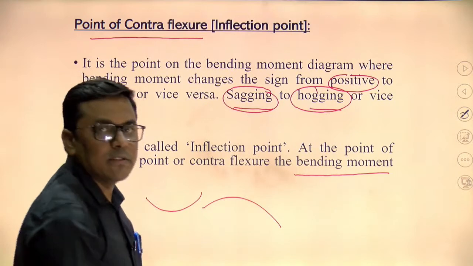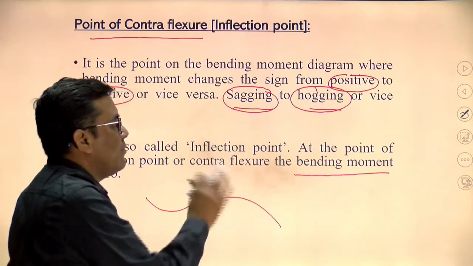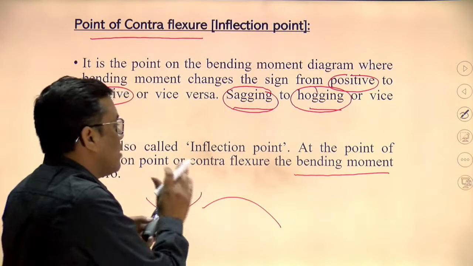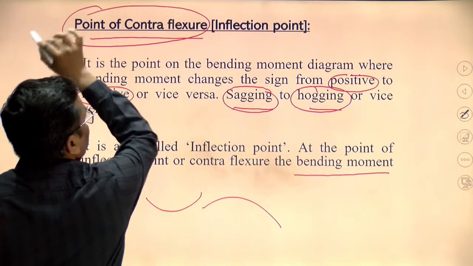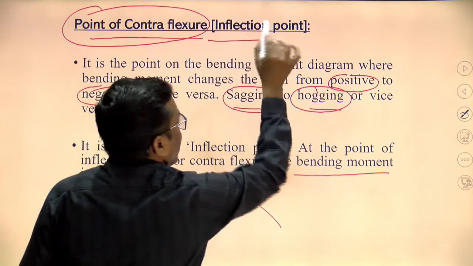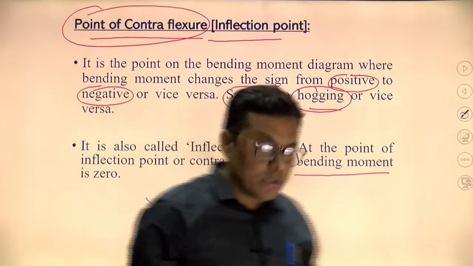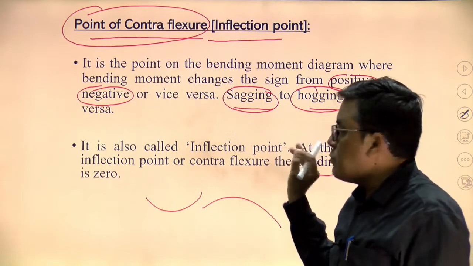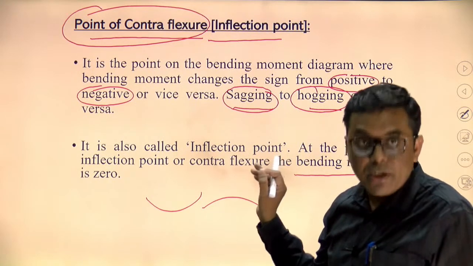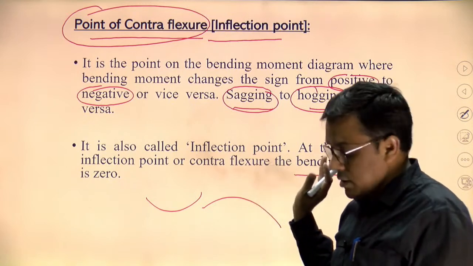All these are different ways of defining that particular point, the point of contraflexure, which I can also call the inflection point. I hope it is clear. These are the small terms we have to take care of when doing problems related to shear force and bending moment.